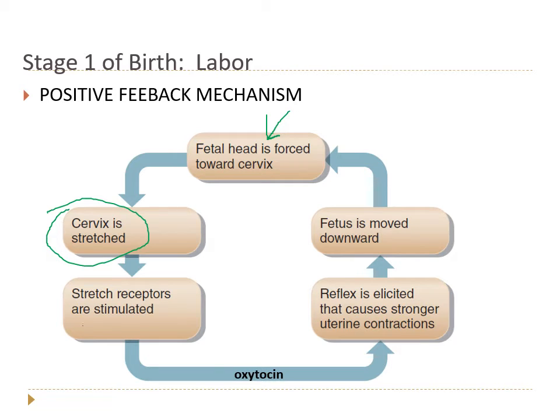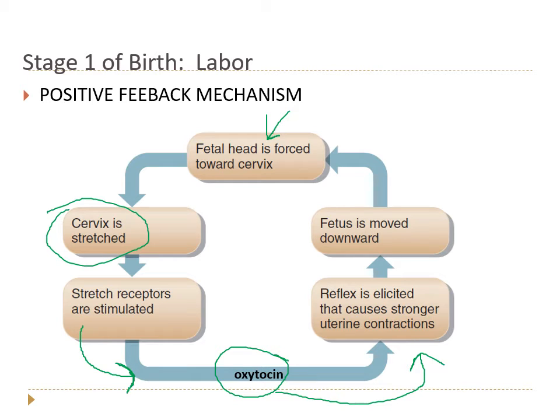Nerve fibers carry that information up to the brain, up to, guess who, the hypothalamus, which then triggers the pituitary gland to make the hormone oxytocin. Oxytocin is an interesting hormone for many reasons, but one of the things that it does is cause stronger uterine contractions. You get stronger uterine contractions, more pressure of the baby's head against the cervix, more stretching, more signals to the brain, more production of oxytocin, stronger contractions, and it builds and builds and builds, right?